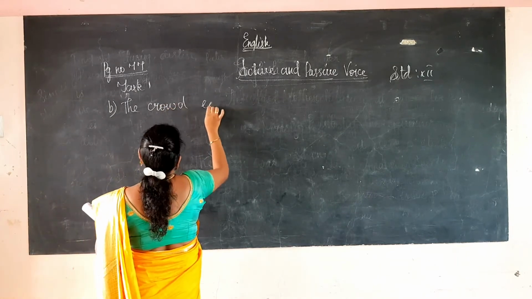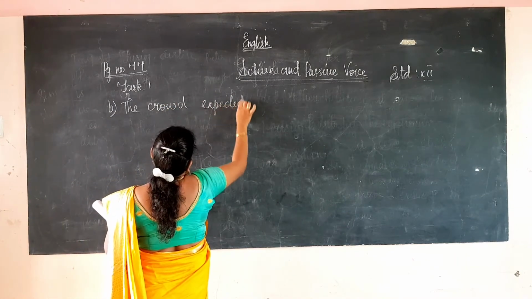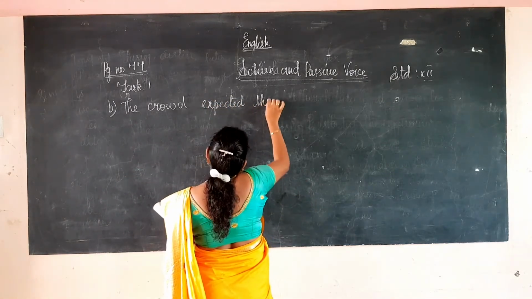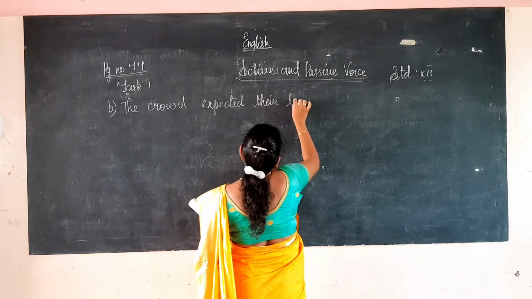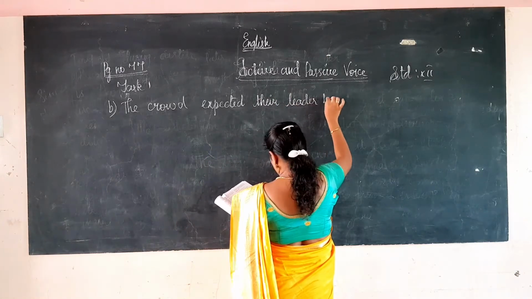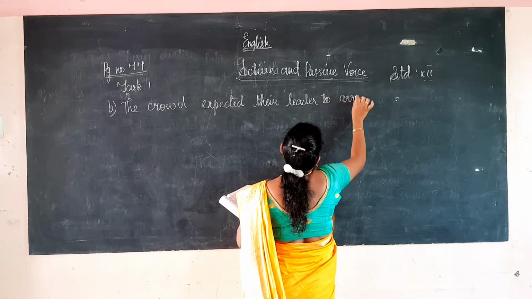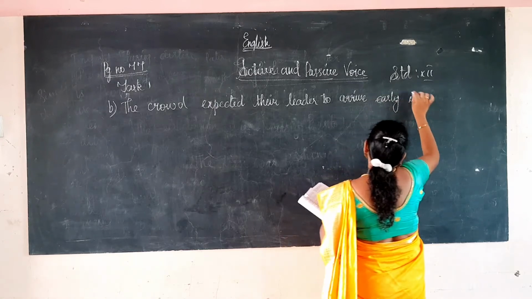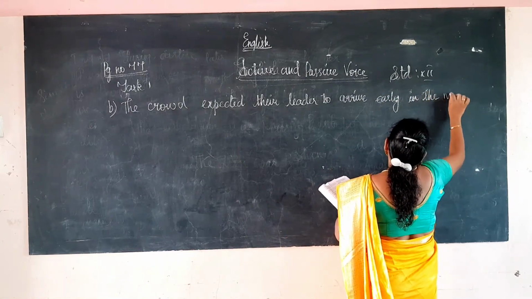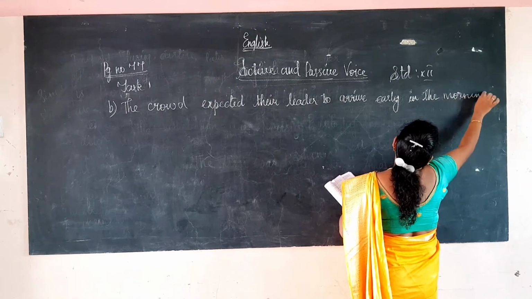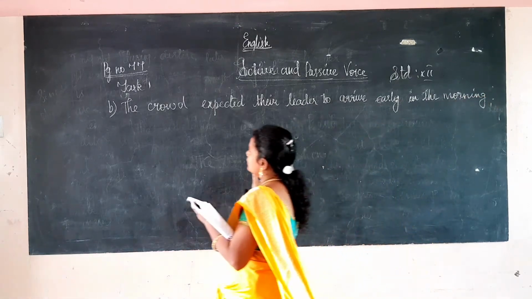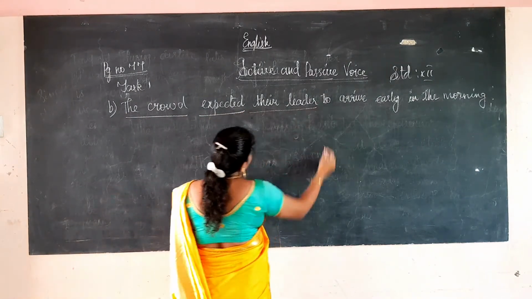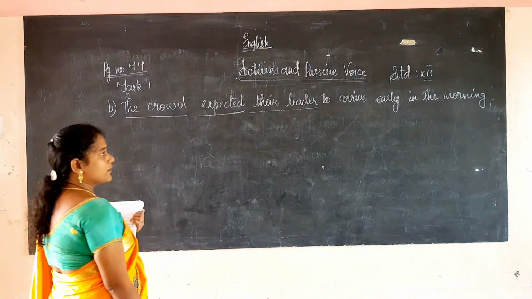The crowd expected their leader to arrive early in the morning. Okay. So, the crowd is a subject, expected is a verb, their leader is an object. To arrive early in the morning is an adjunct.